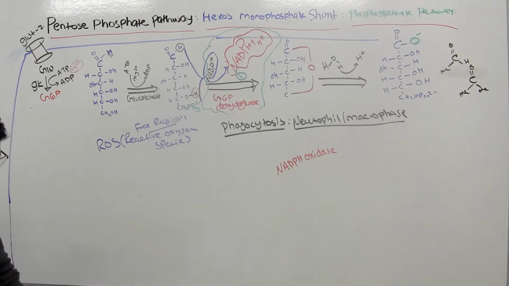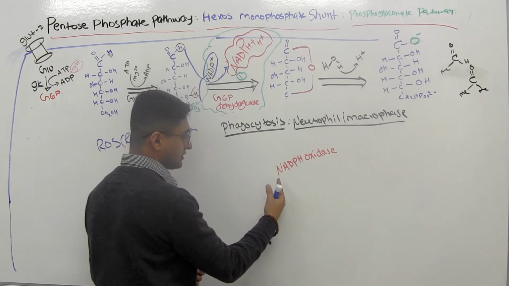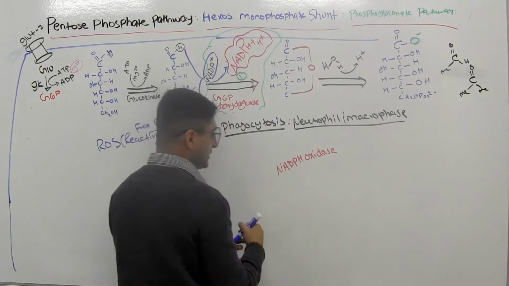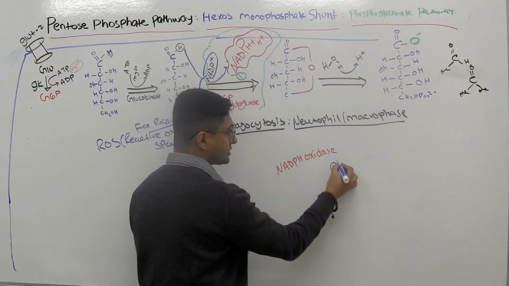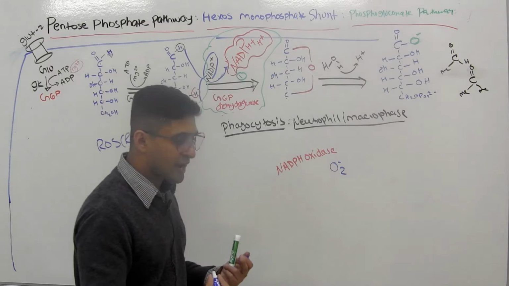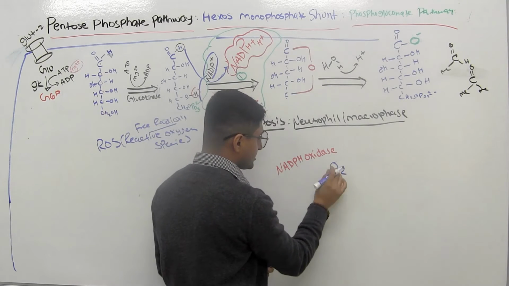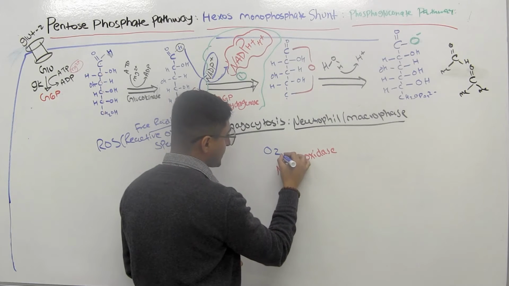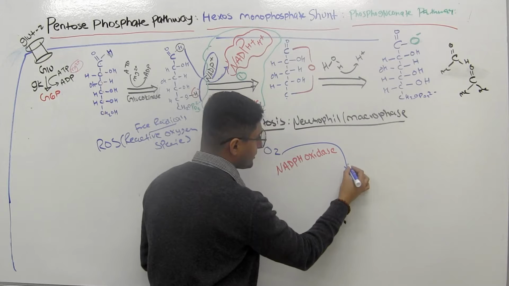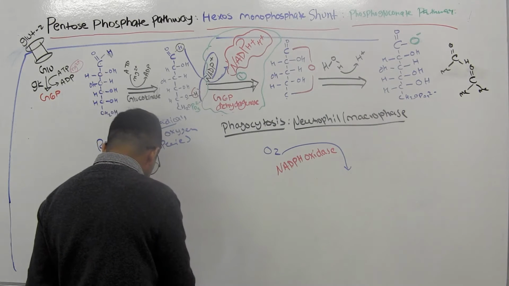So how does it do this? This NADPH oxidase, whenever there's oxygen, let me put this oxygen here, during the inflammation process, when the oxygen is floating around, this enzyme takes electrons from the NADPH.